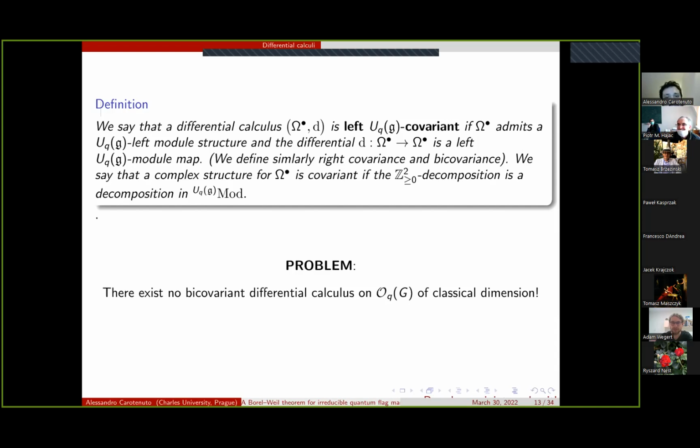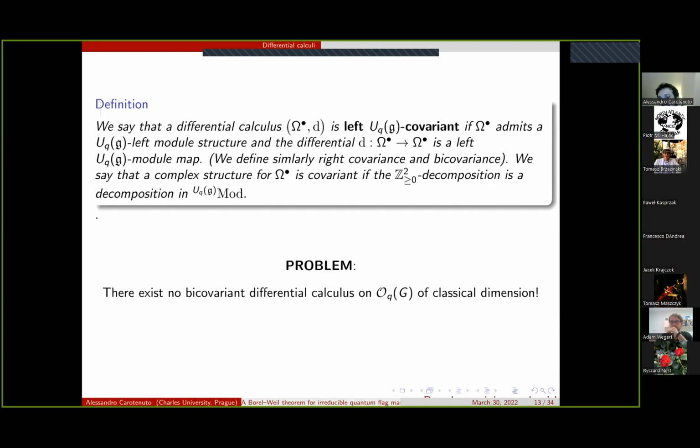What I forgot to mention is that in the classical case, this information of the complex structure is enough to reconstruct the holomorphic atlas of the Lie group. So it's in fact enough. It gives me all the needed information about the Lie group as a complex manifold.